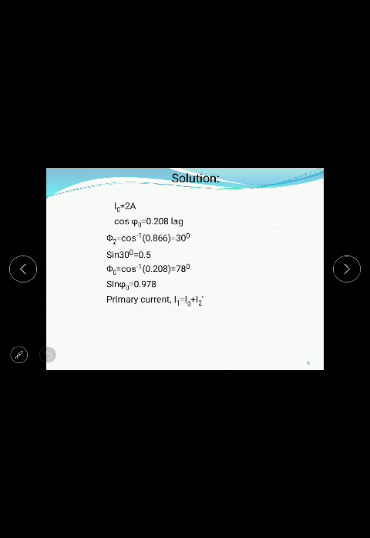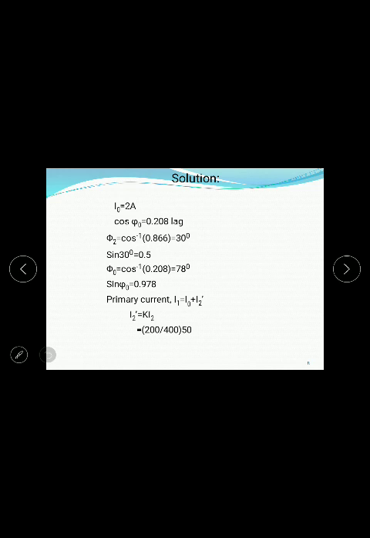See here, the primary current I1 is equal to I0 plus I2 dash. So I2 dash is equal to K into I2. Here K is 200 by 400 and I2 is 50. So 200 by 400 gives 1 by 2 into 50. That means it is 25 amps.